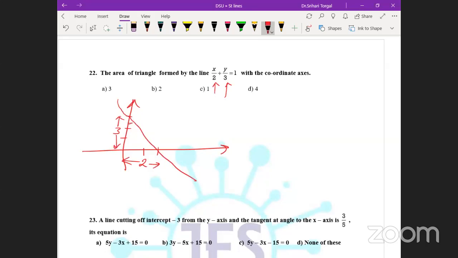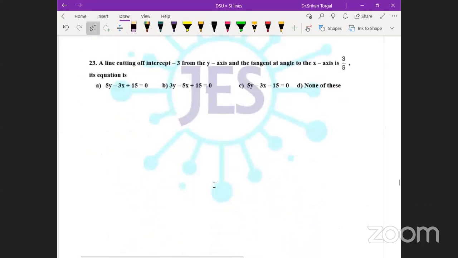And they are asking what is the area of this triangle. Area is equal to half into base. Base is 2, height is 3. Option A, 3 is the answer. Okay. Now, question number 23.